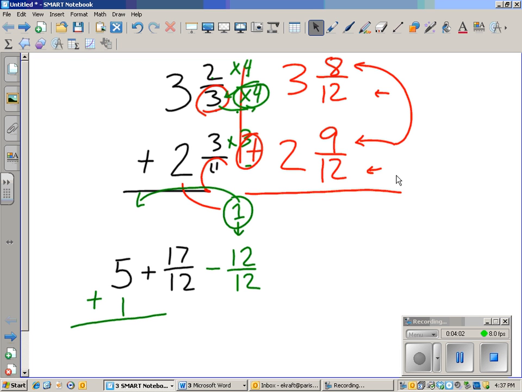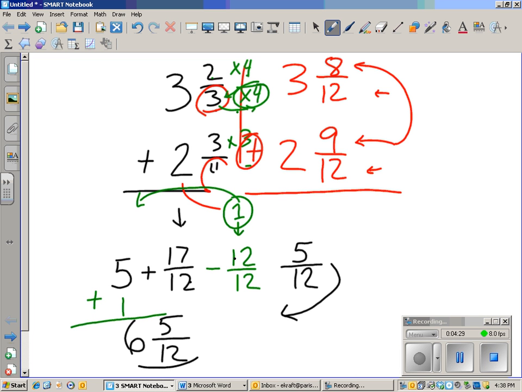So now I have 6 in my whole numbers, and I've subtracted 12/12 from 17/12. 17 minus 12 is now 5, and that's 12ths. 17/12 minus 12/12 is 5/12. So I'm going to connect that 5/12 back to my whole number, and my final answer is 6 5/12.